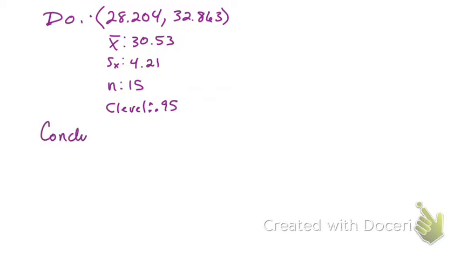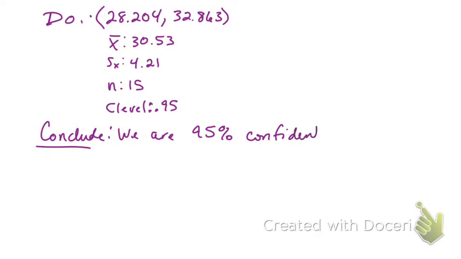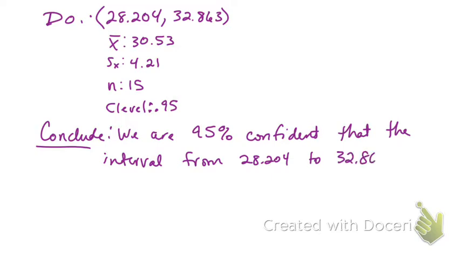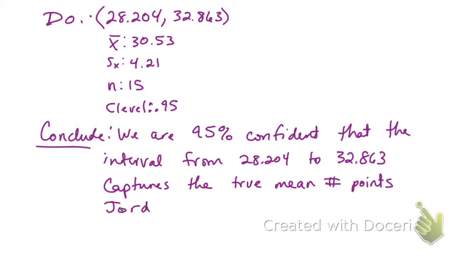Guess what? It's time to conclude. We are, what are we? 95% confident that the interval from 28.204 to 32.863 captures the true mean number of points Jordan scored at home games.